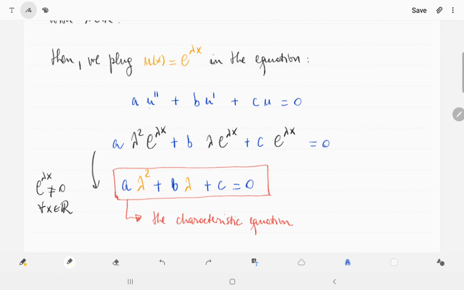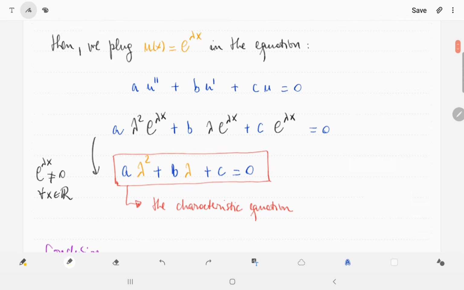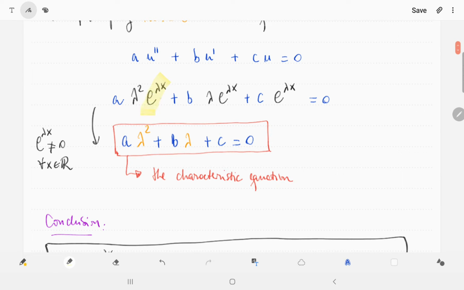And the second derivative of u is lambda squared e lambda x. So now we have this factor in common in the three terms. So we just get rid of this factor, and we can do that because it is not equal to 0 for every x in R.